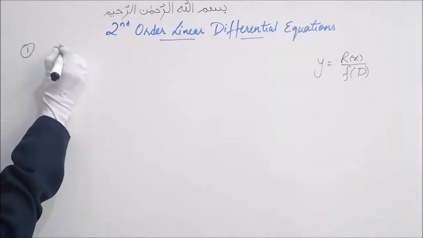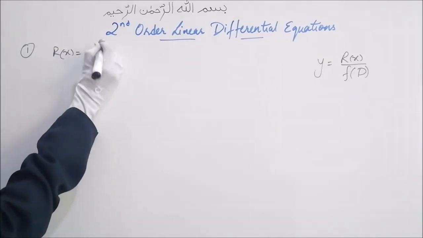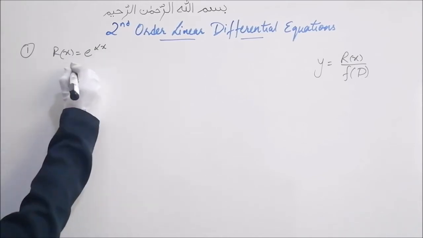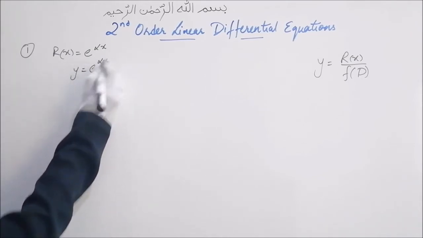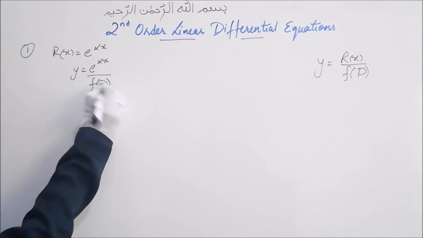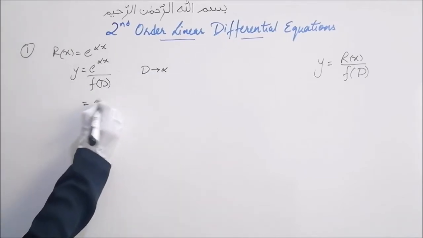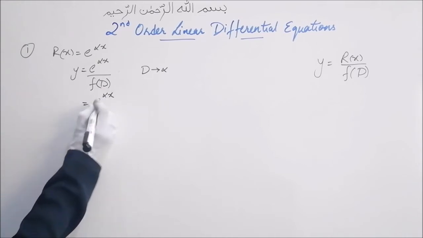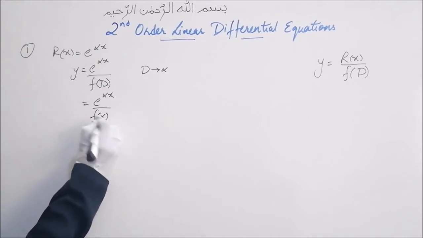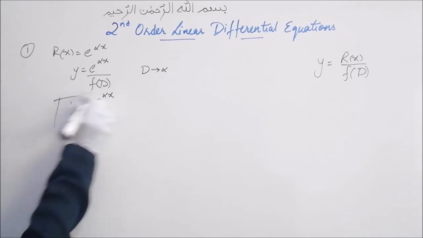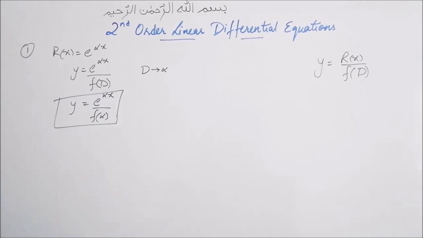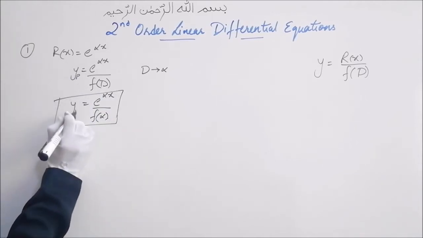If this r of x is of the type e raised to alpha x, then y will be equal to e raised to alpha x upon f of D. Here we are going to replace D by alpha and therefore we will get y equals e raised to alpha x upon f of alpha. This is going to be our solution of the particular integral.